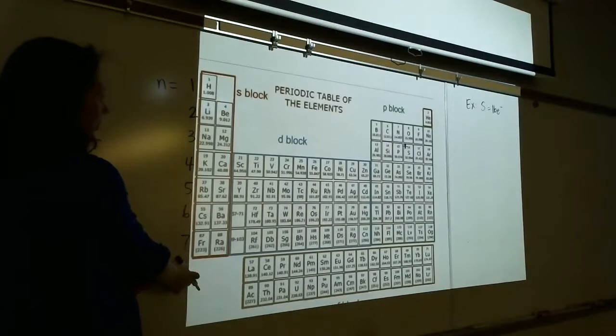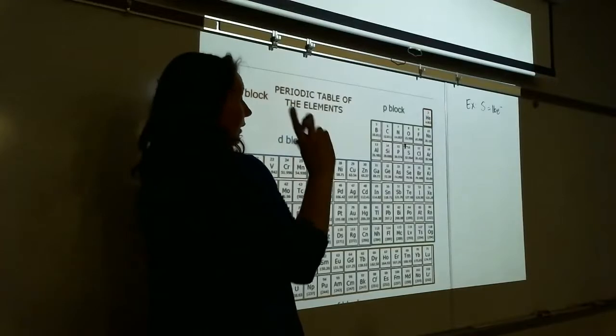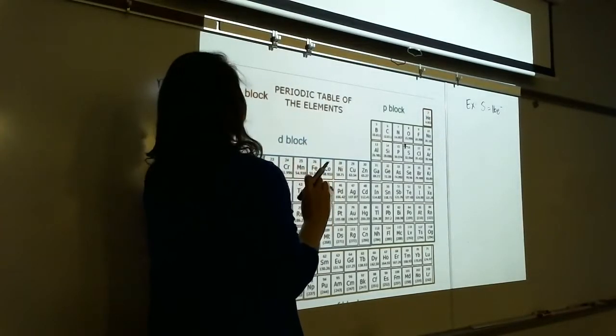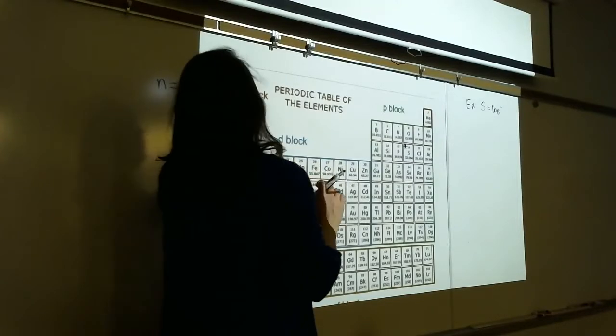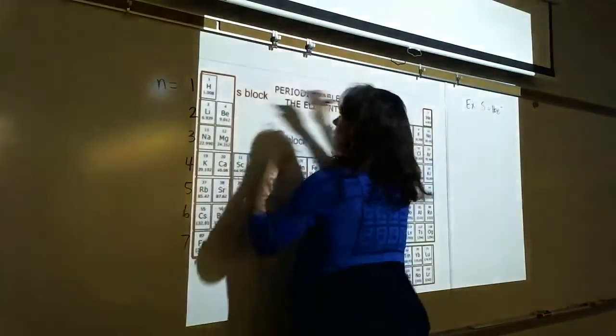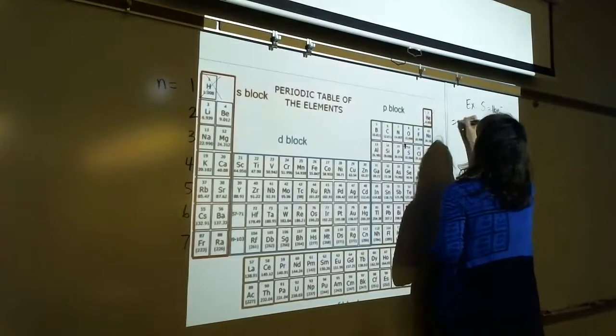So we're in period 1, which means the value of n is 1. We're in the S block, element 1, so that's 1s1, 1s2. All right, there's 1s2.